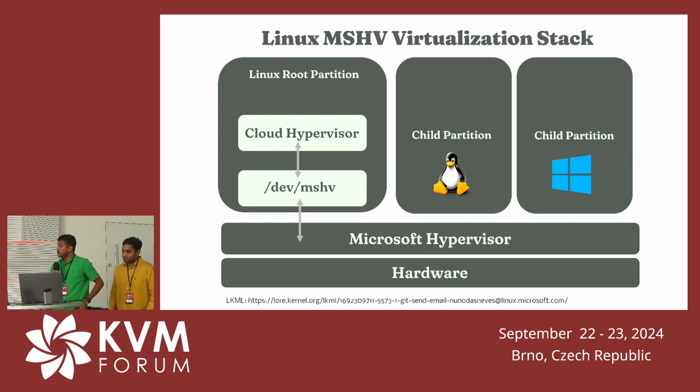This module exposes some IOCTLs to manage and create virtual machines on Microsoft Hypervisor. We have some patches already upstreamed in the Linux source tree, and some of our patches are pending review. So it would be great if you folks could review and give us feedback.